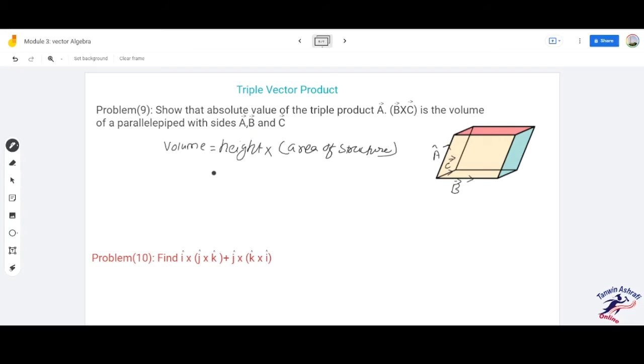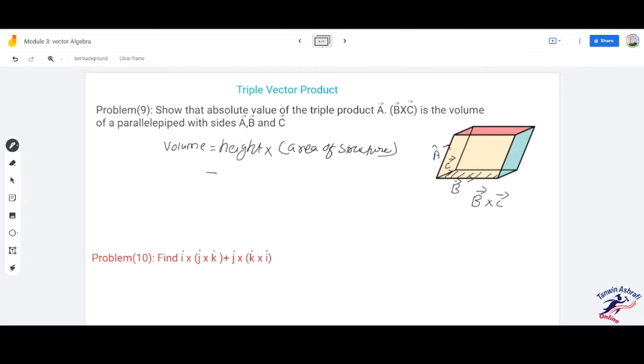If I talk about the area of C and B, the area will be the vector B cross C, and the height is h.